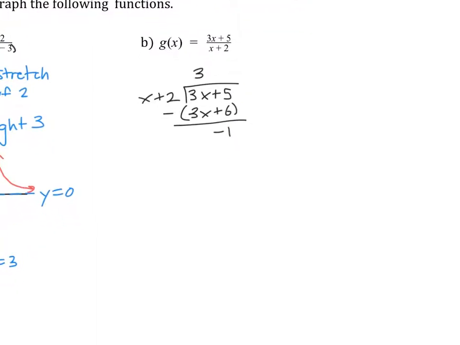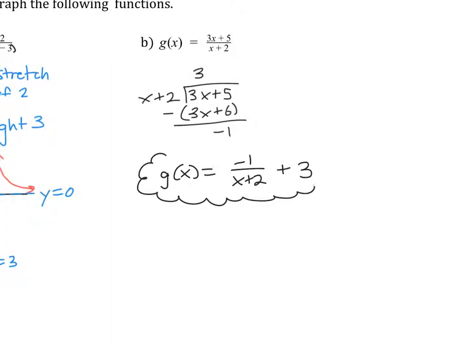So when I go to rewrite this, I'm actually going to write the remainder first. I'm going to say -1 over x plus 2, and then plus 3. And I can use this to help me interpret the transformations that are happening. So the first thing I notice is that I have a vertical reflection because of this negative, which means it's going to reflect over the x-axis.